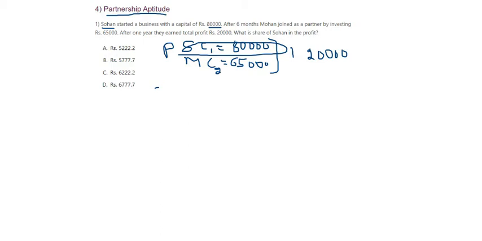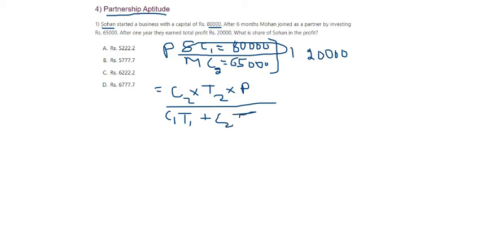I will write down the formula, which will be very easy for you to understand: C2 into T2, into P, divided by C1 T1 plus C2 T2.